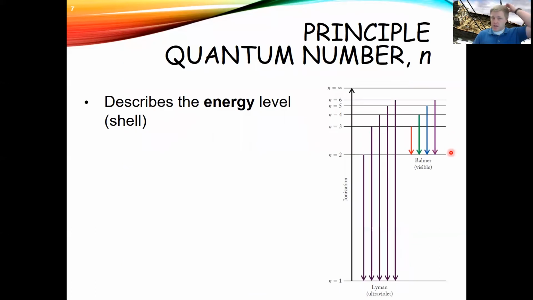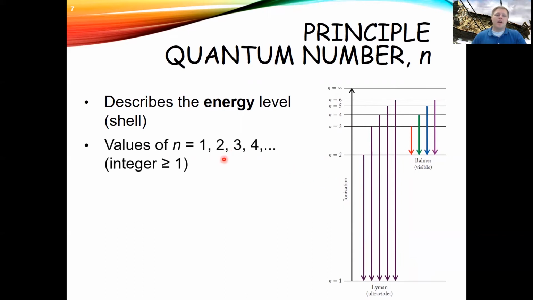All right, so let's talk about N. Nothing has changed about N since the last time we talked about it. This is just our principal quantum number. It describes the energy level we're at. It also describes how far away from the nucleus we are, but it's still just our principal quantum number.